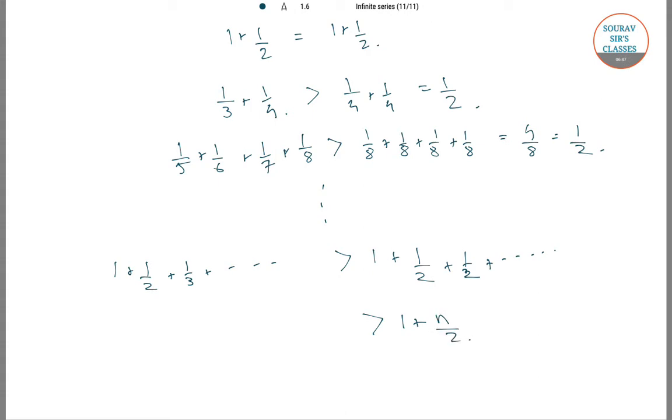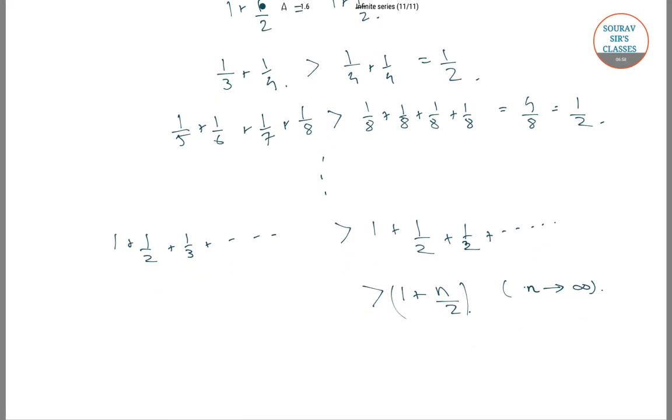Now when n tends to infinity, this 1 plus n by 2 will tend to infinity. Therefore, our series is greater than infinity. Hence, the series is divergent when p is equal to 1.